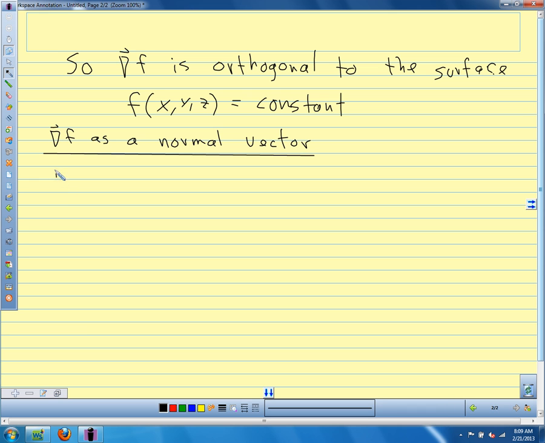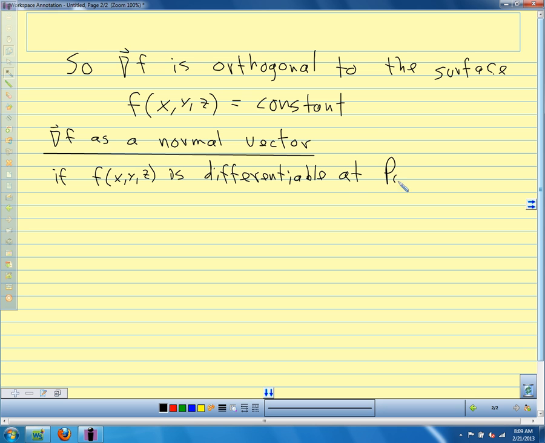So what we just found out is that if, for our conditions, f of x, y, z is differentiable at some point, and our gradient is not 0, del f doesn't equal 0 at that point, then we have several things that happen.